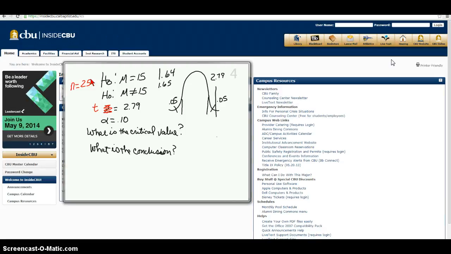So you're looking around page 608. That's where the tables are in the back. Or you have your handy dandy table that I gave you. So we have how many degrees of freedom? 24. So you go down 24 over 0.05, and what is the critical value?